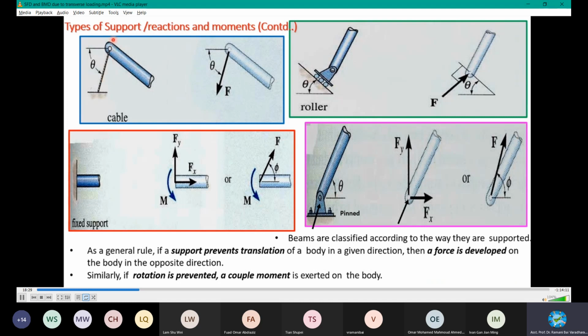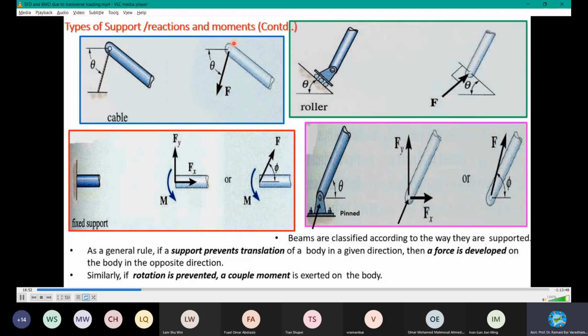For now, see this diagram: a cable with a pin at this point. Similarly, it can move in this direction, but not in this direction. If you consider it a plane, it can move to and fro because of the pin, but cannot move in this direction.